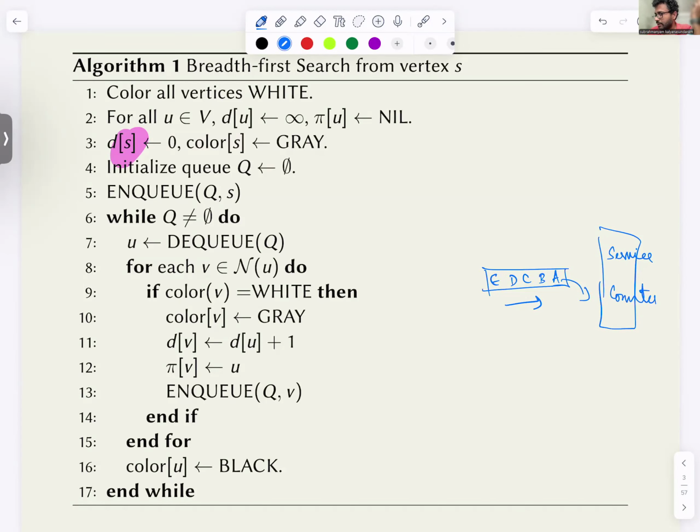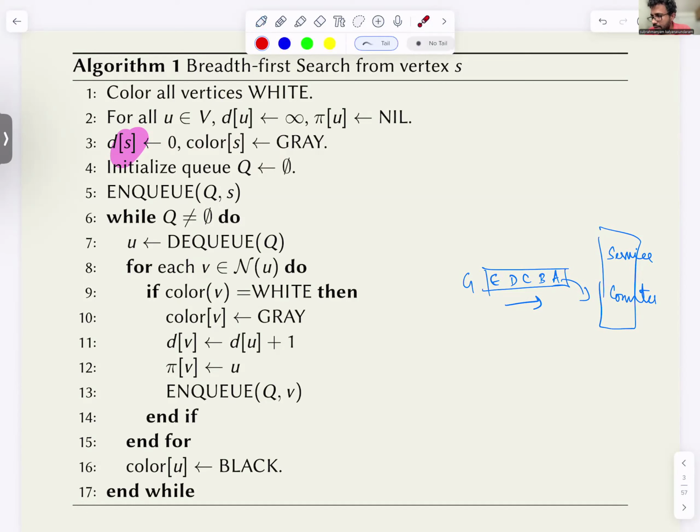A will be served first, and then he will exit the queue. In the meantime, if some G comes, G will stand at the tail of the queue. So a queue is a data structure where people are served first in, first out.